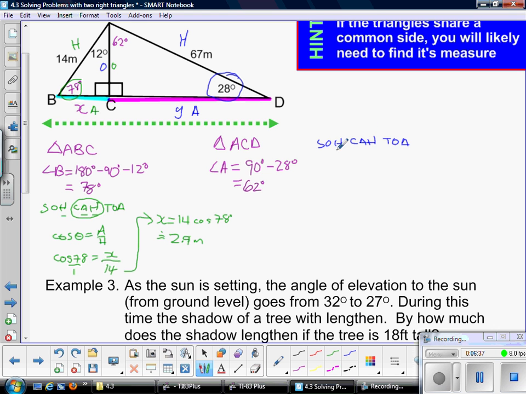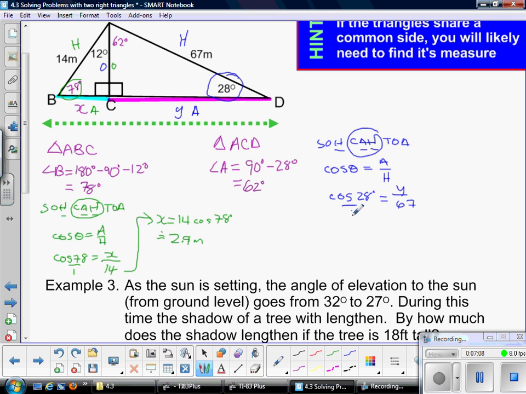And I have the hypotenuse again, and I want to find the adjacent. Oh, amazing, I'm using cos again. So I'm not going to get the same answer because I'm using a different theta this time and a different hypotenuse. So adjacent over hypotenuse. So I have cos of 28 equals adjacent, which is y, over 67.